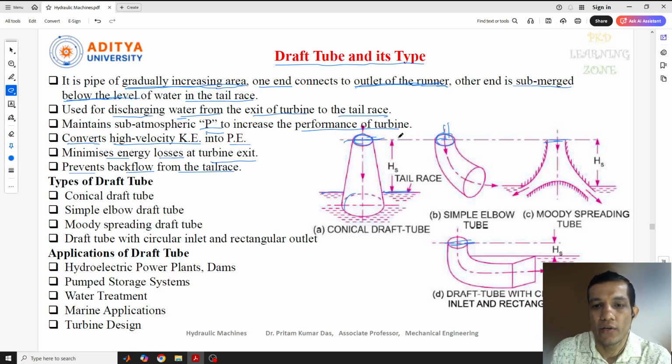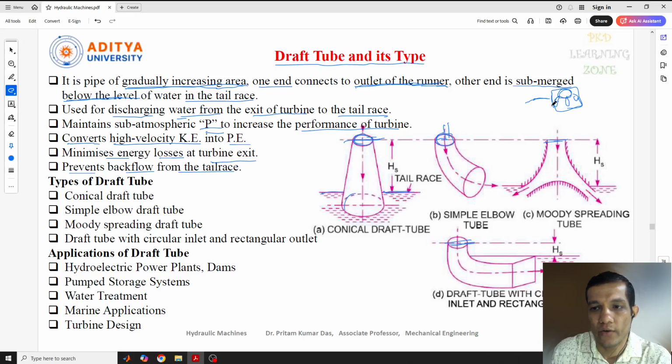How it functions: if you know the function of the turbine, the reaction turbine especially, then we can easily understand why the draft tube is required. When the water exits from the turbine, suppose this is the turbine, and in this turbine we have a number of blades connected to a runner.